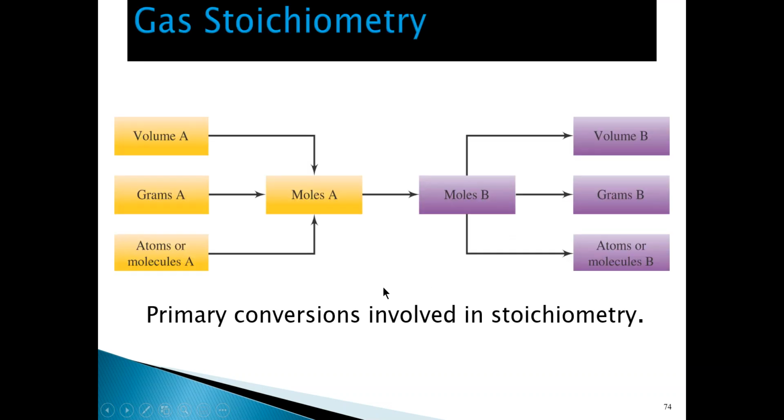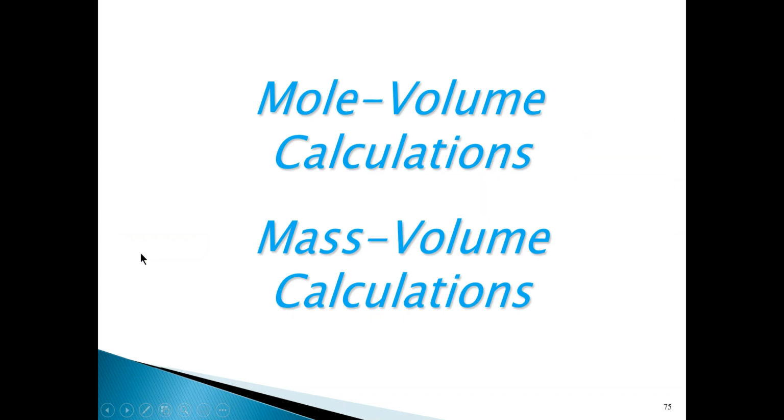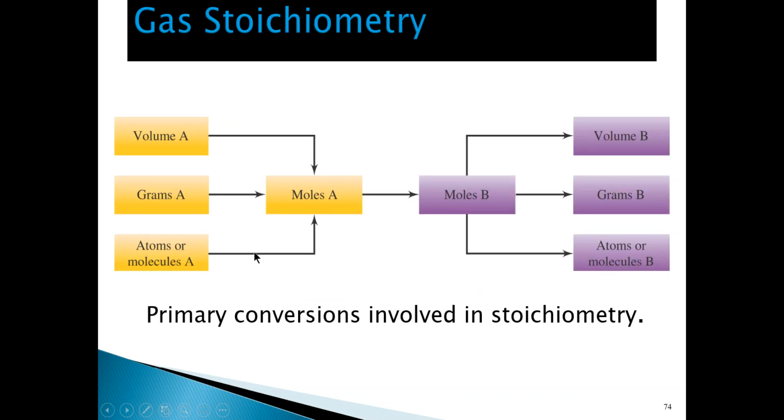In gas stoichiometry, these are the main types of problems that you will encounter, and that's encapsulated in this diagram right here. Basically, you could be given some information about a particular gas in a reaction. You could be given the volume, the mass in grams, or the number of molecules or atoms.